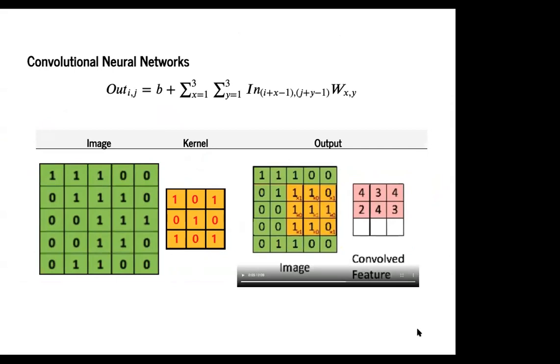The primitive that we're going to build into our neural network to enable this type of invariance, which is so useful for applications such as the vision domain, is built on what we call a kernel, shown in the middle here.